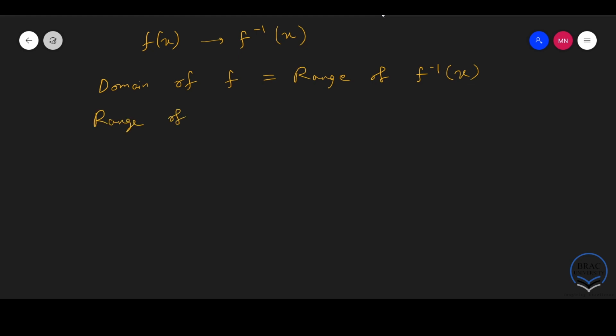So once again, if I have a function f of x, I can denote the inverse function as f inverse of x, and the domain of the function f will be equal to the range of the inverse function. And similarly, the range of our function f will be equal to the domain of our inverse function.